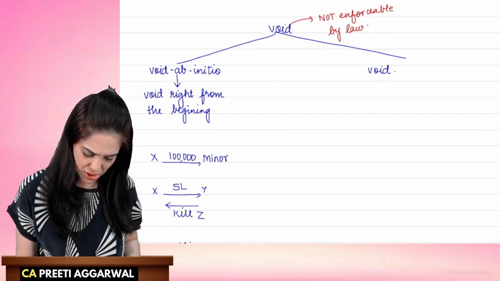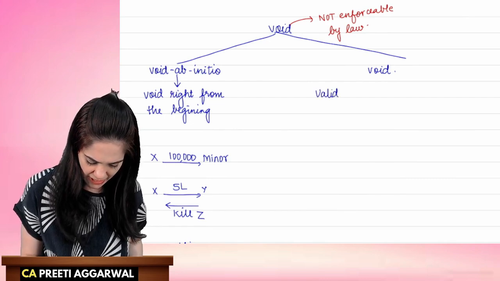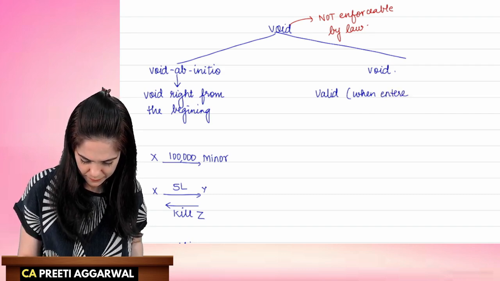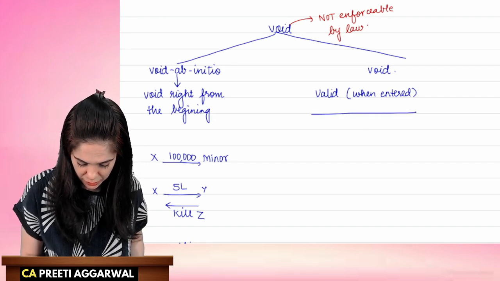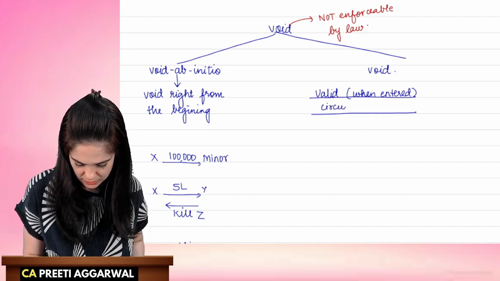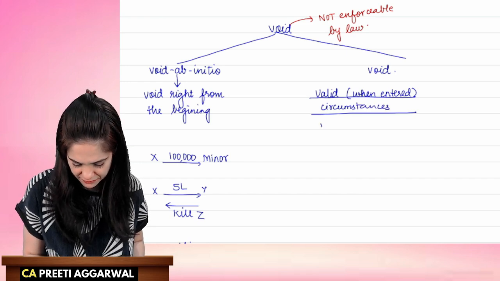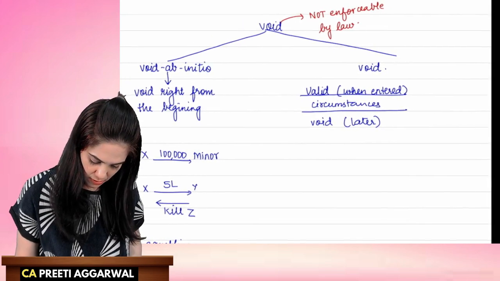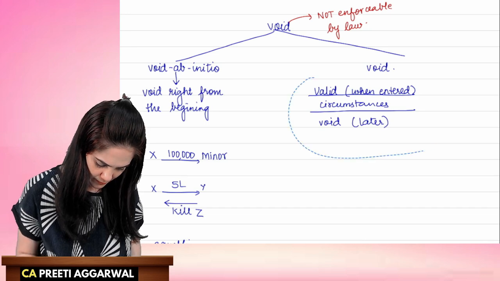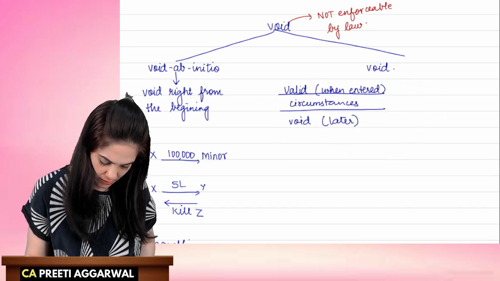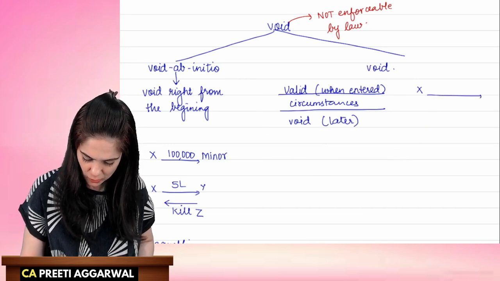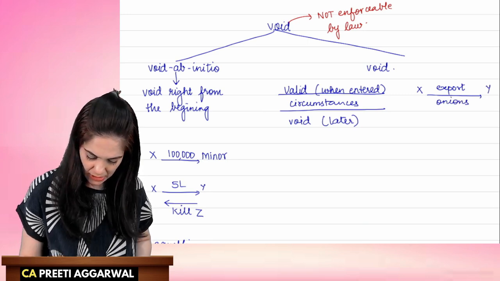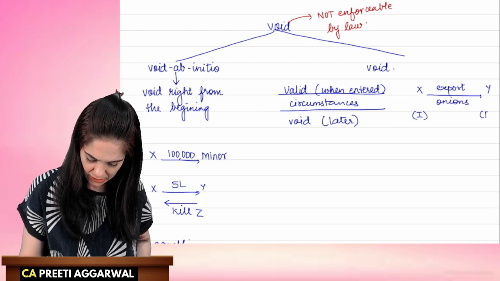What is just void? Just void means the contract is valid when entered, but later on, due to certain circumstances, the contract cannot be enforced. It becomes void. Now, X promised to export onions to Y. X is in India, Y is in Bangladesh.